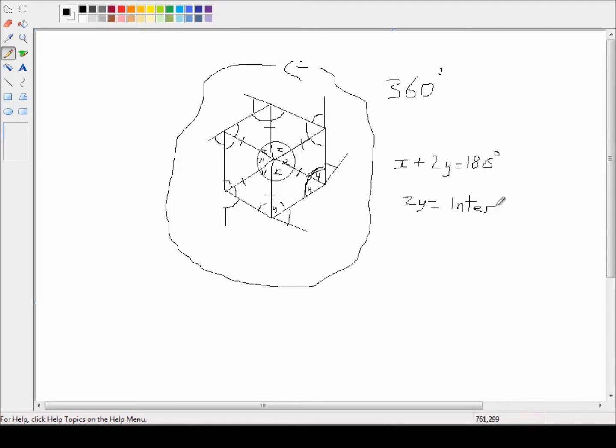Let's say internal angle. So x plus the internal angle, I'm just going to call it internal because it's taking too long to write, is equal to 180 degrees.